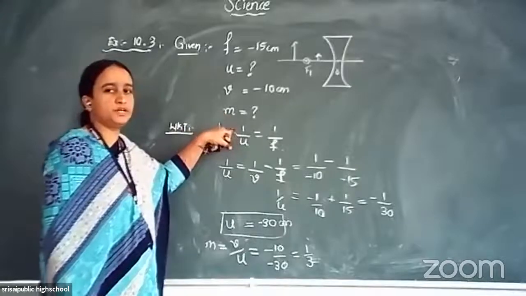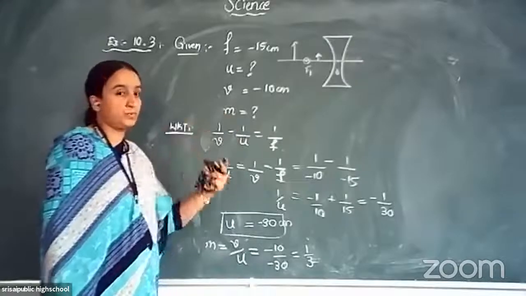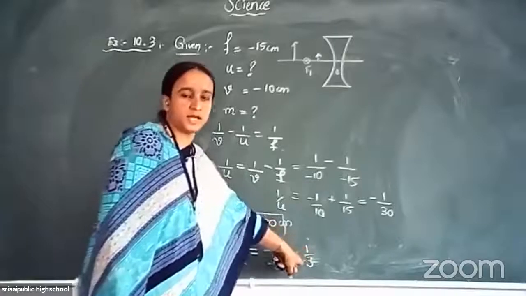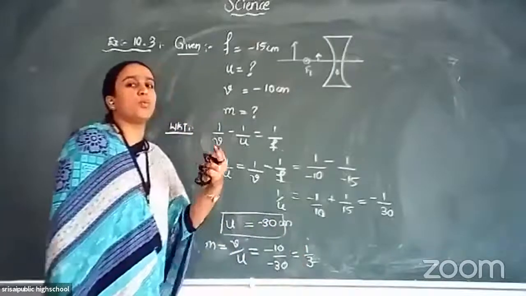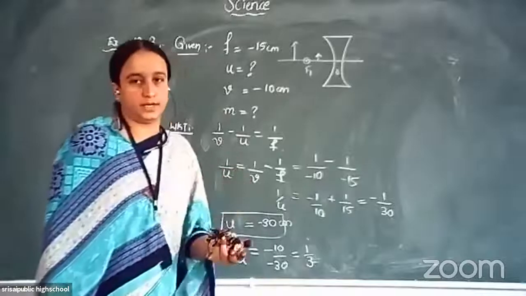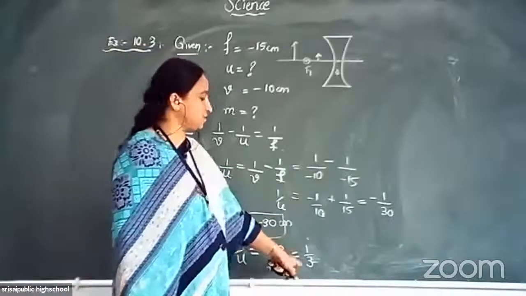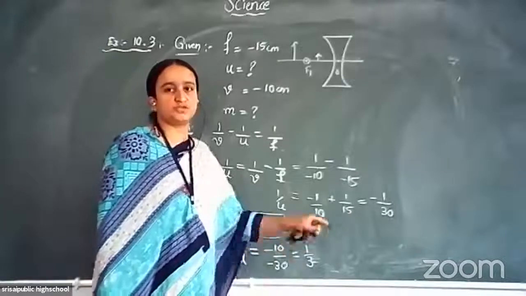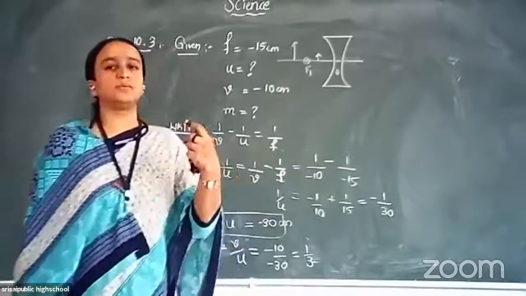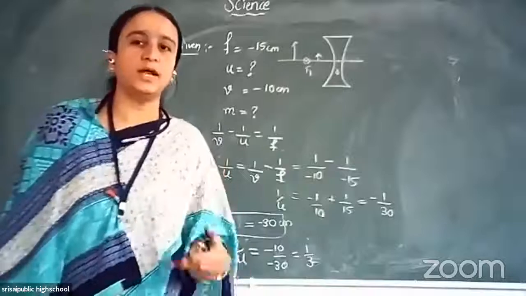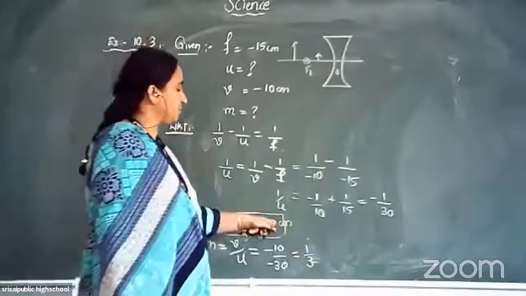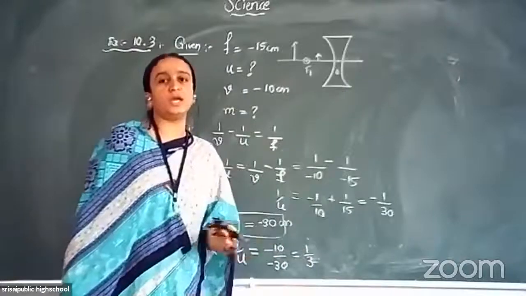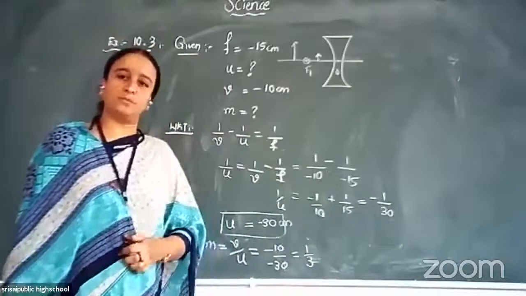After calculating magnification, first you have to observe the sign associated with the number. Since the sign is positive, it is virtual and erect. Since the sign associated with the number representing the magnification is positive, the image obtained is virtual and erect. And it is 1/3 means your image is 1/3 of that of the size of the object.